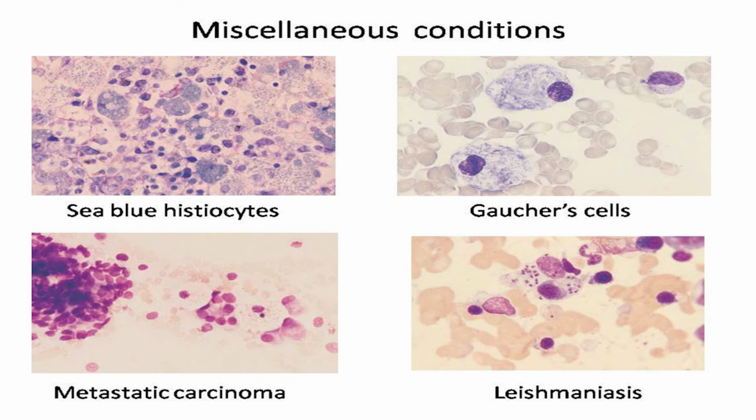We have a Niemann-Pick here and you will be seeing it, but that's why I have not kept a photograph of Gaucher cells here. Then metastatic carcinoma, yes, clustering of cells is common, and leishmaniasis you will be watching here.